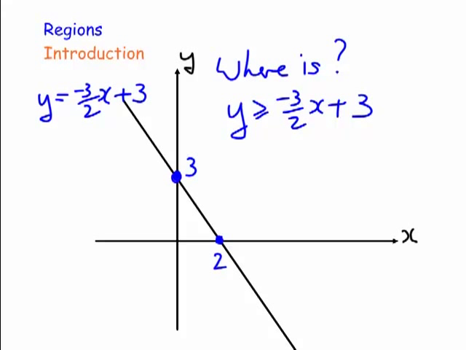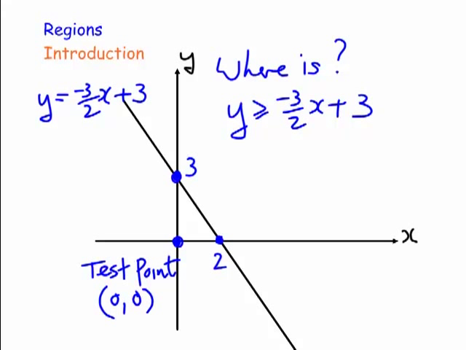How we determine what side of the line the region is on is by picking a test point. We normally pick a test point which is not on the boundary. You can see the boundary is going to be solid, but we normally use the TP, or the test point, at the origin. The test point we're going to use is 0, 0.